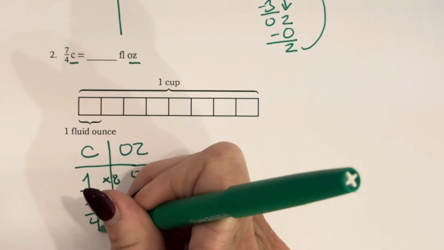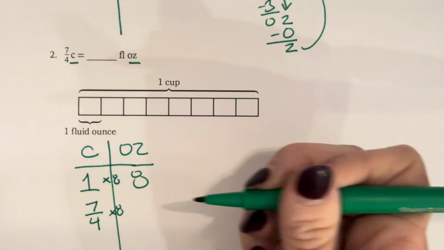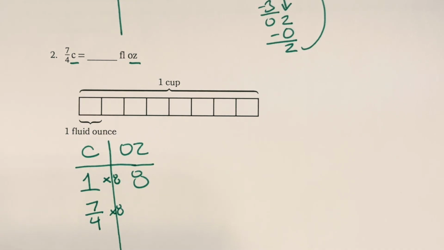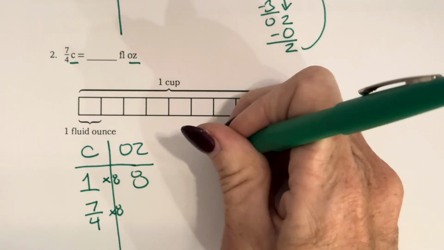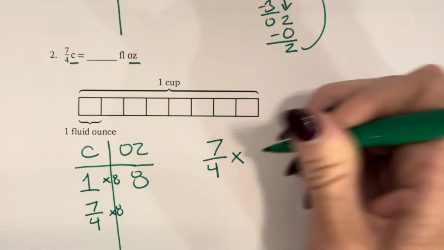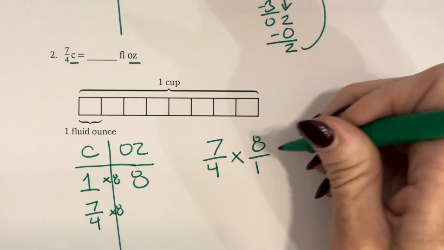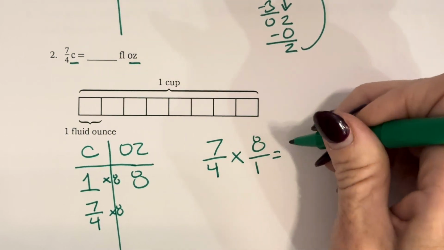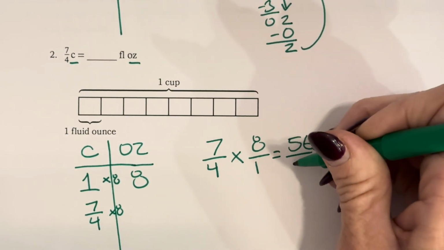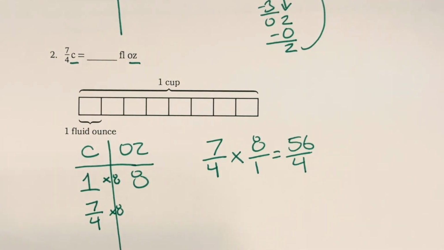So 7/4 cup, I'm going to also multiply by 8 to get how many ounces. 7/4 times 8 is the same as 8 over 1, which gives us 7 times 8 is 56, and 4 times 1 is 4.